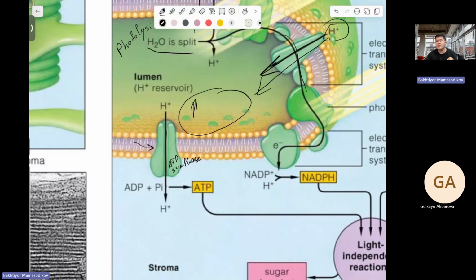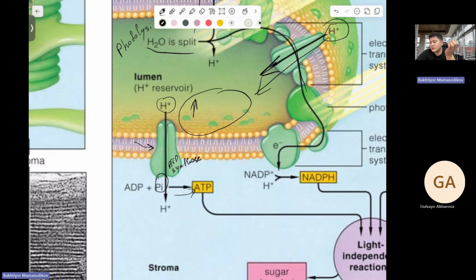And the kinetic energy released by the movement of the protons is used to make ATP from ADP. So ADP is phosphorylated to make ATP, okay? This is like what happens in your mitochondria making ATP that fuels your neurons, muscles, and the heart. The plants are also producing ATP molecules.